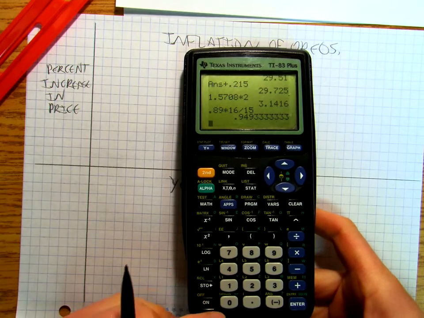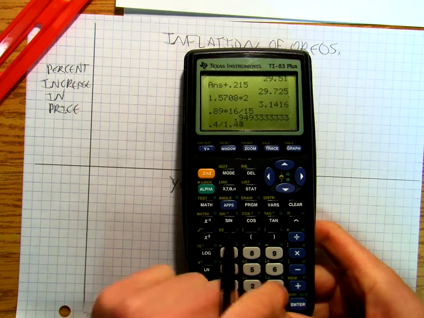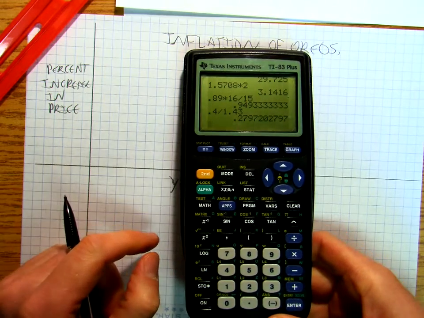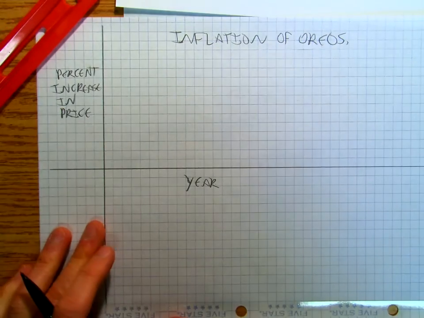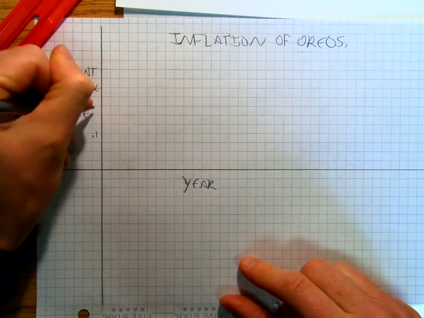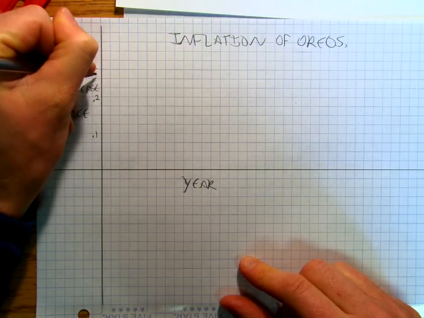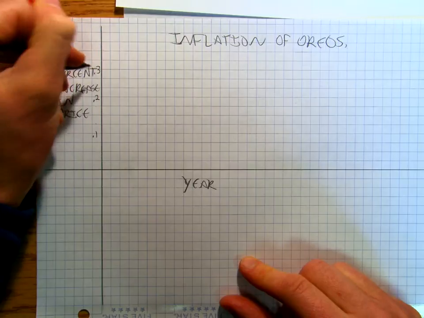So 0.4 divided by 1.43, probably talking about 30%. So let's label this 0.1, 0.2, 0.3.